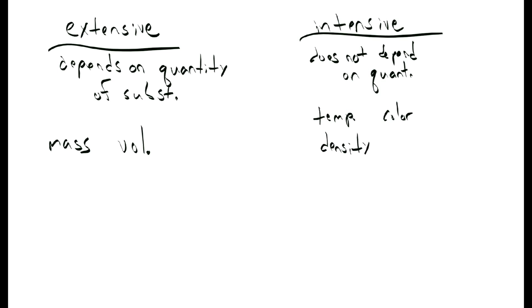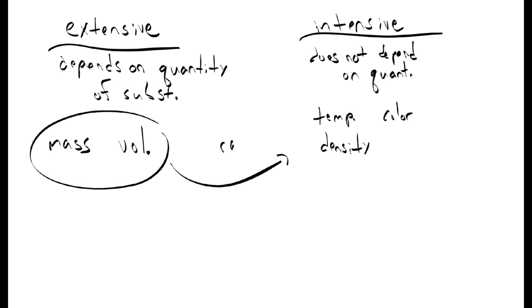Density is the ratio. Okay, so you take the ratio of mass divided by volume, that gives you density. And ratios of extensive properties are always intensive. Okay, so the relationship between two extensive properties is going to be an intensive property. Let's see. Also, boiling point and melting point are also intensive properties.